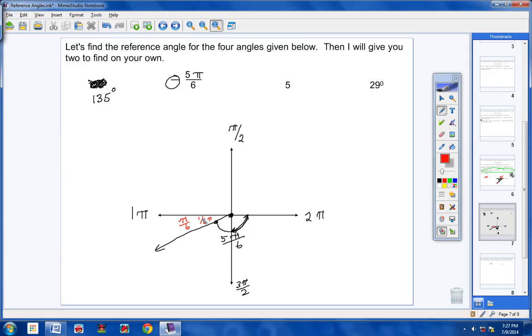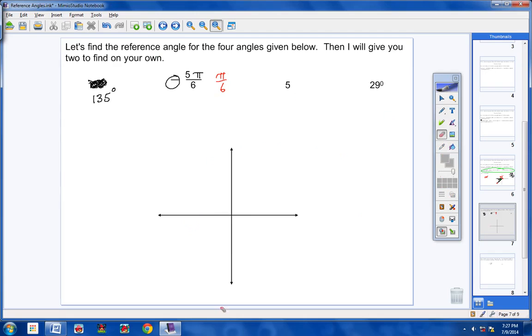And please don't put 1/6 pi on a test or a quiz. I would take points off for that. Okay? The correct way to write it is pi over 6. So the reference angle for negative 5 pi over 6 would be pi over 6. Okay? And by the way, your reference angle will always be positive. It's not going to be negative.